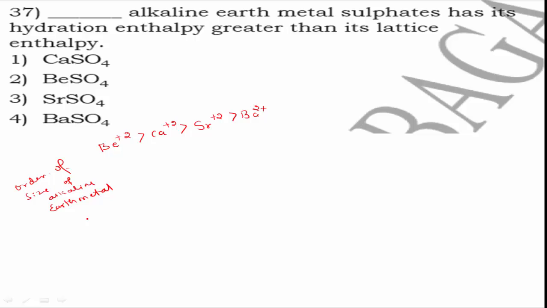BeSO4 is soluble in water, which is a known fact. Therefore, hydration energy of BeSO4 is more in magnitude than its lattice energy. Therefore, the correct answer is option 2.